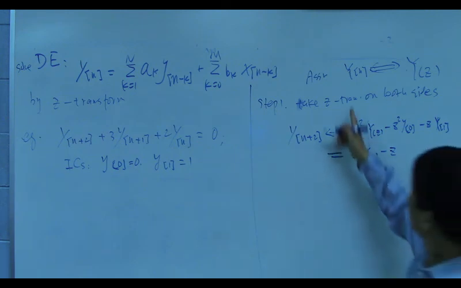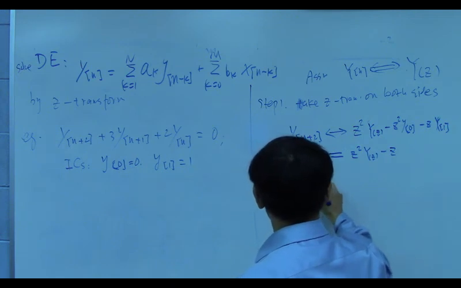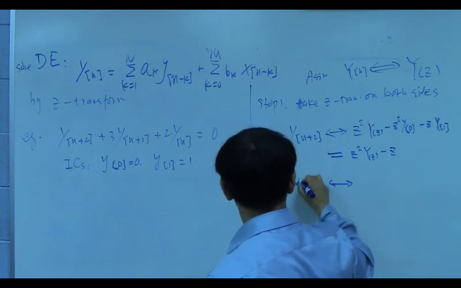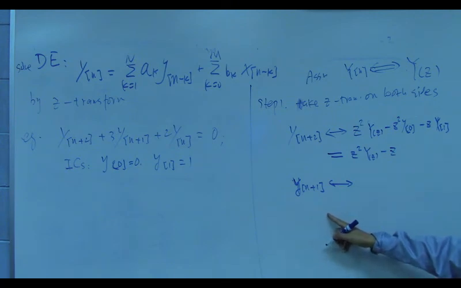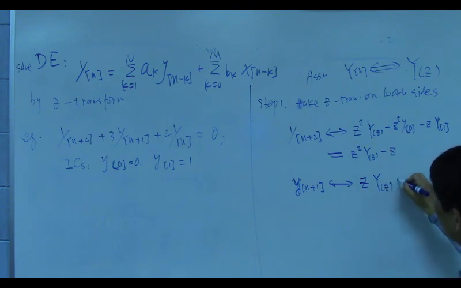What is this term? So y(n+1). Again, this is the left shift theorem, and this one will be equal to z times Y(z), then minus z y0.